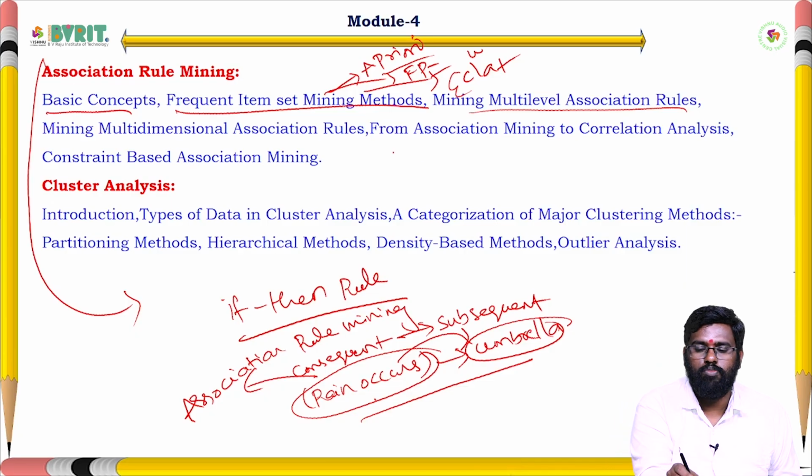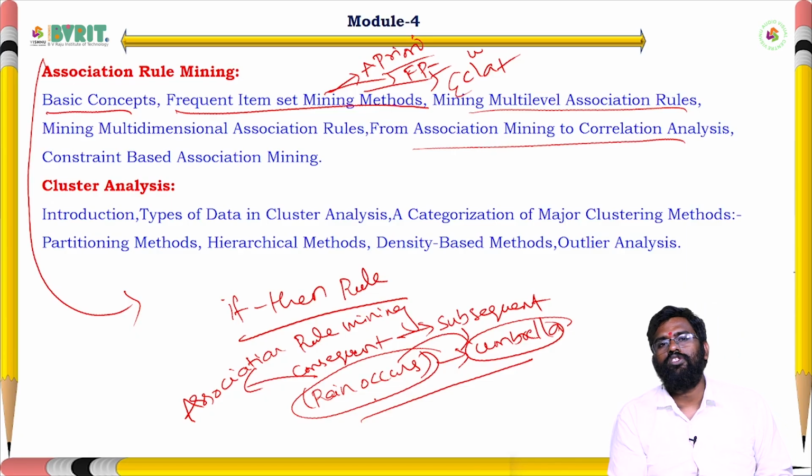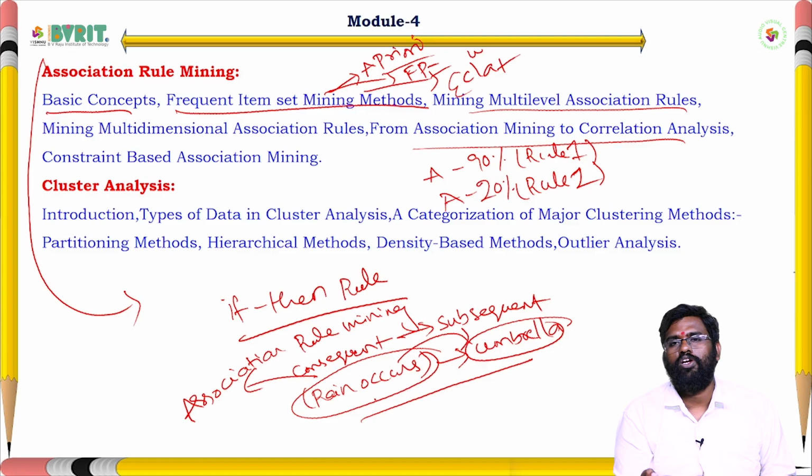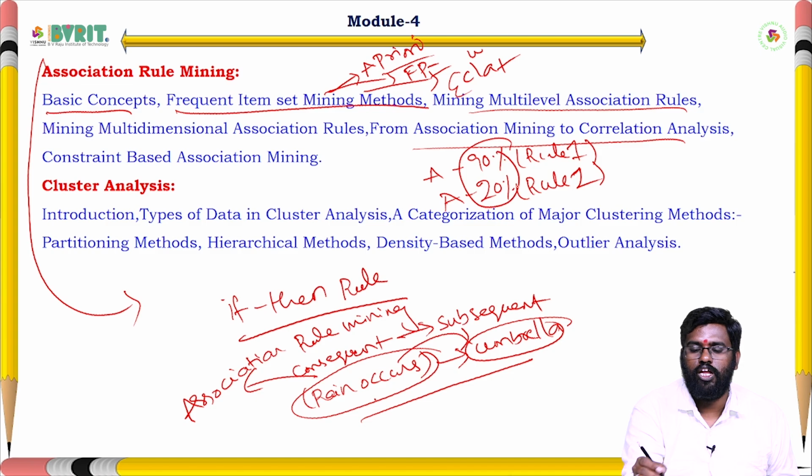Now, coming from association mining to correlation analysis: for example, rule A has a confidence of 90% in rule 1, but for the same rule 1, the A we are taking gives some 20% confidence, so there is a difference in the confidence value. This type of difference we need to rectify by using correlation analysis.